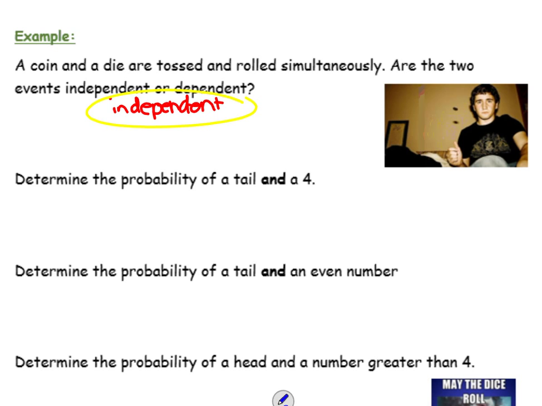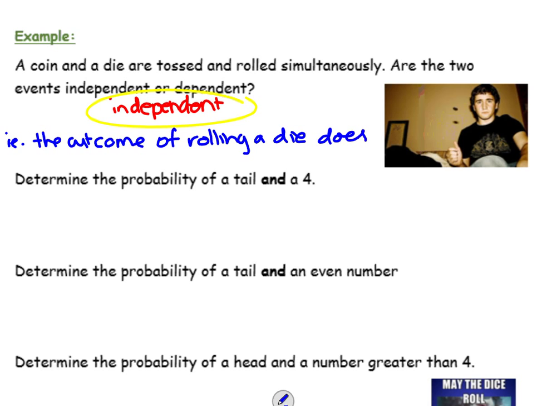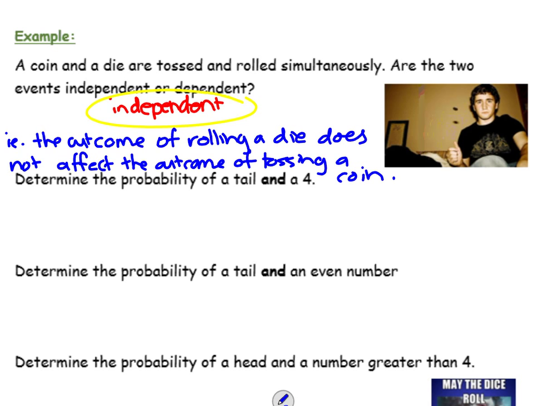If you want, for your notes, you can write the reason, i.e. the outcome of rolling a die does not affect the outcome of tossing the coin. So therefore they're independent events.